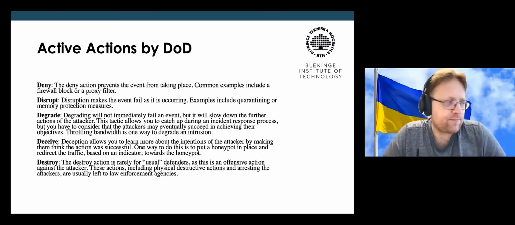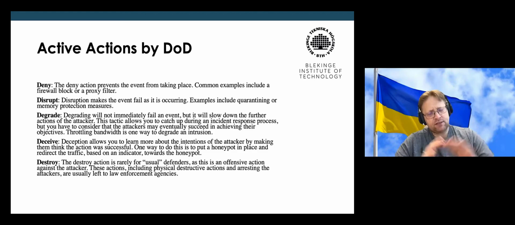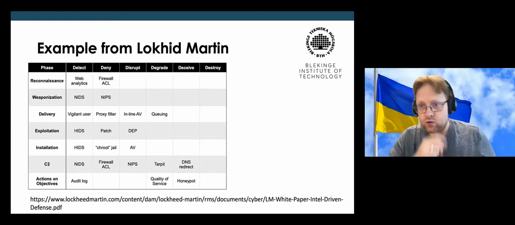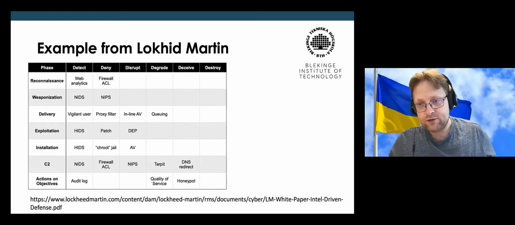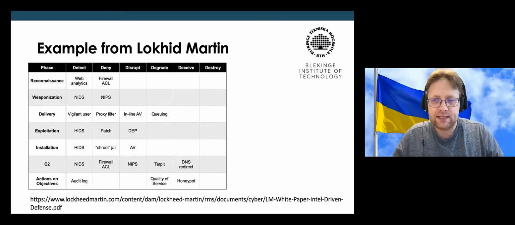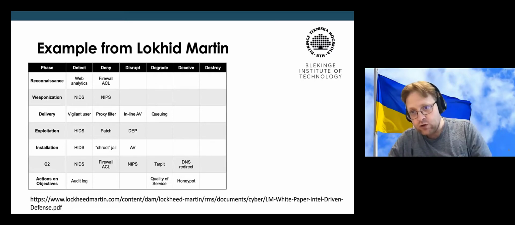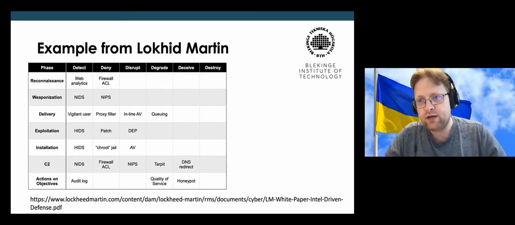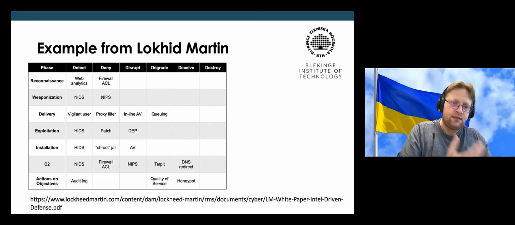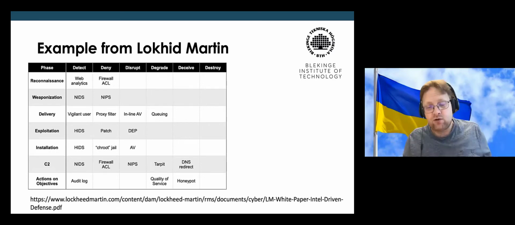Destroy. That's it. Okay, it looks more theoretical, but Lockheed Martin, in an article I suggest you visit, explained how it could be, and how we could apply this 7D approach to the cyber kill chain model. How we could detect, deny, disrupt, degrade. The destroy, as I said, is more offensive and doesn't always permit.